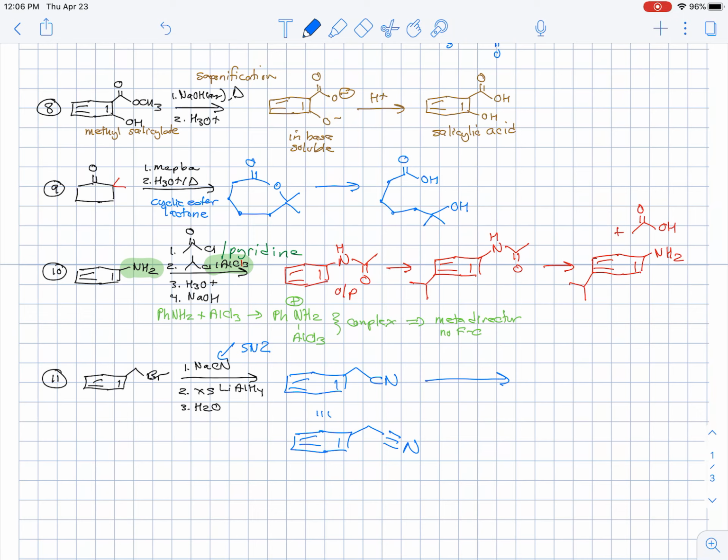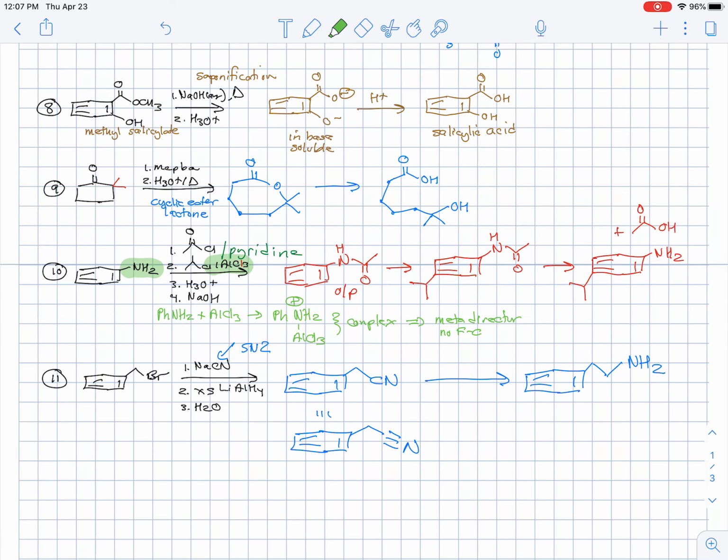And then when we reduce the nitrile, what happens is, it's good I drew that, you add two hydrogens across that carbon-nitrogen triple bond. And so what you're going to get is a primary amine.